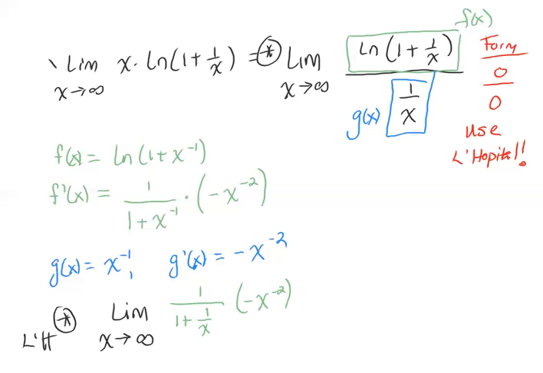And that's all divided by g prime, negative x to the negative 2 power. Now you can see why I did not simplify. I can tell I have like terms top and bottom.